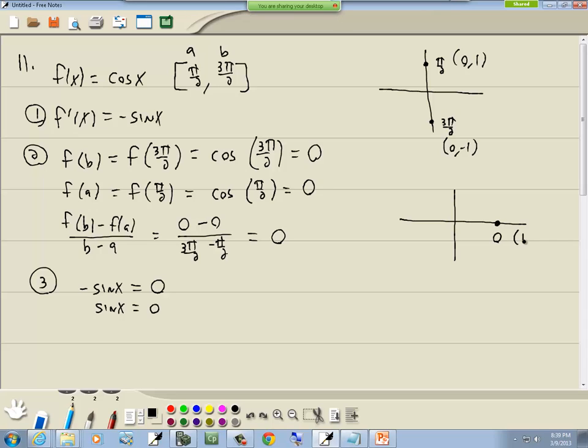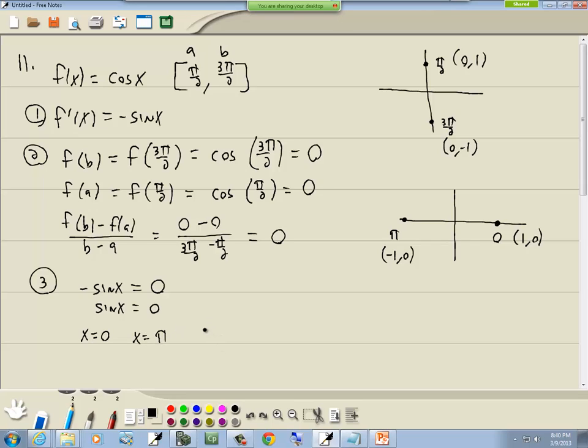This point here is (1, 0). And over here at pi, sine, which is our y, is also equal to 0. So we get x is equal to 0, x is equal to pi.